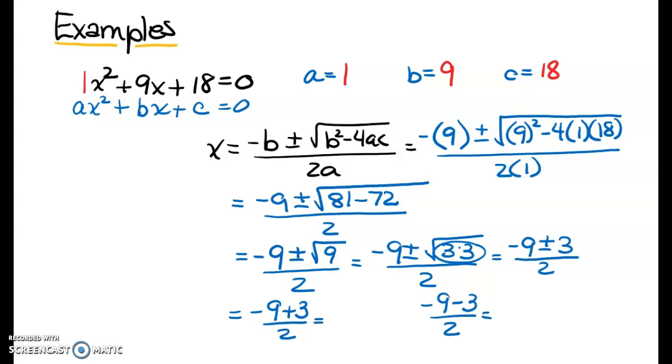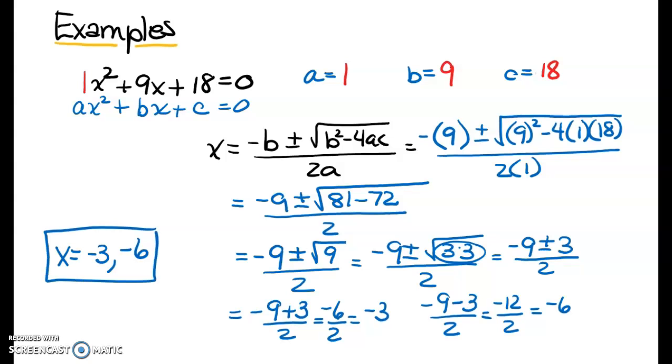All right, so I know that is going to be negative 6 over 2, which is negative 3. And then I know that's going to be negative 12 over 2, which is negative 6. So I have two solutions, x equals negative 3 or negative 6.